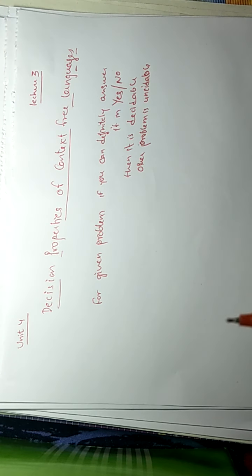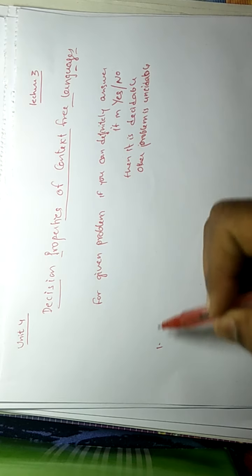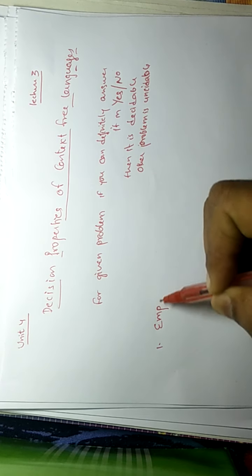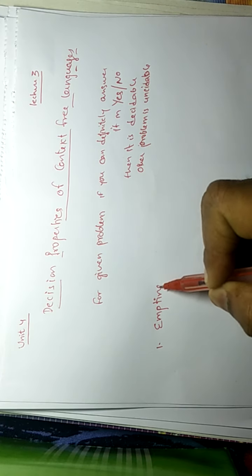So there are three main properties with reference to decision property, and we have already studied them for regular languages also. First one is emptiness.